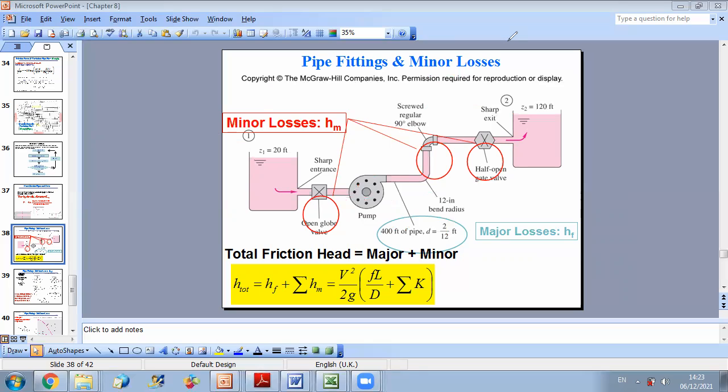What do we mean by fittings? Fittings are devices or connecting pipes, or they can regulate the flow in your system. For example, valves are used to regulate the flow in your system. You have different types of valves: open globe valve or half open valve. This is to control the flow of your system. This is an on-off valve, either completely open or completely closed.